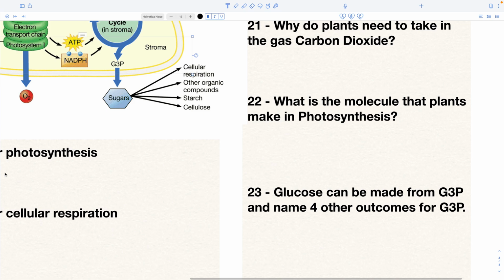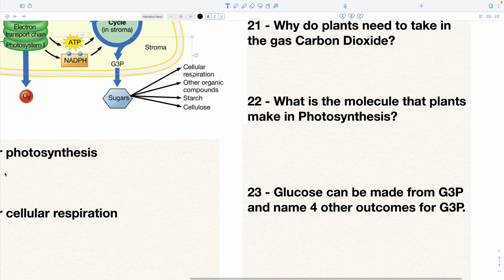Question 23. Besides glucose and sugar, here are the other things that it can make. It can make cellulose, which is for its cell wall. It can make starch, which is what potatoes are. It can fill apples and oranges with starch.